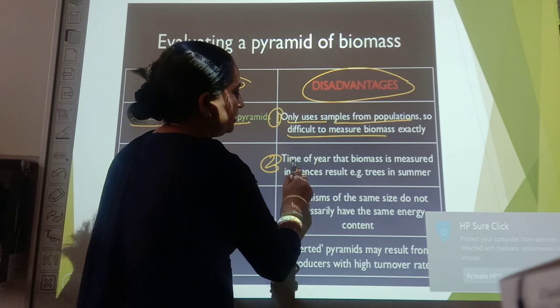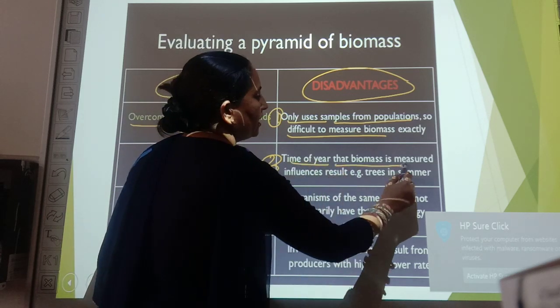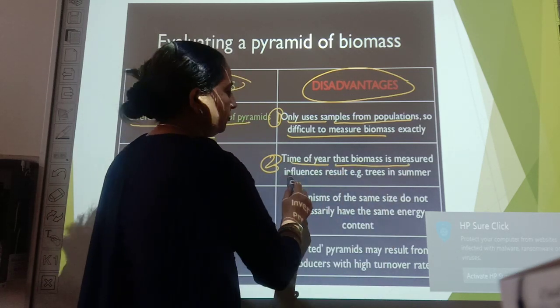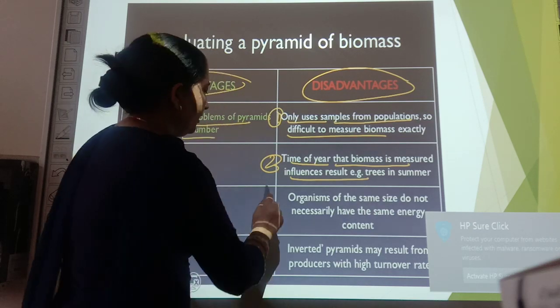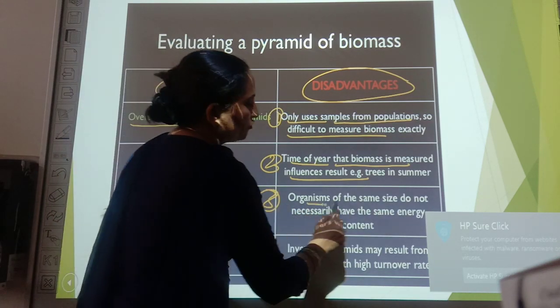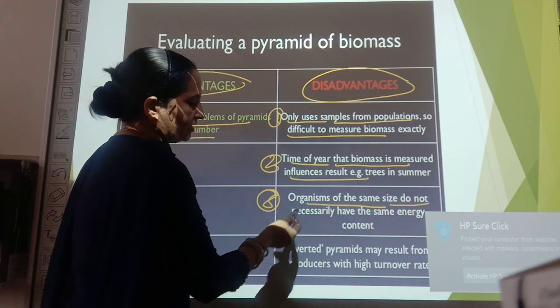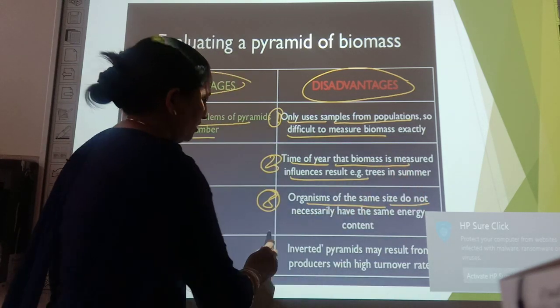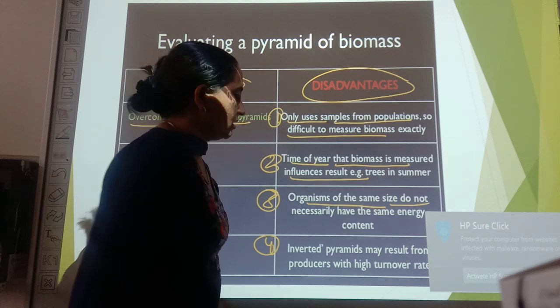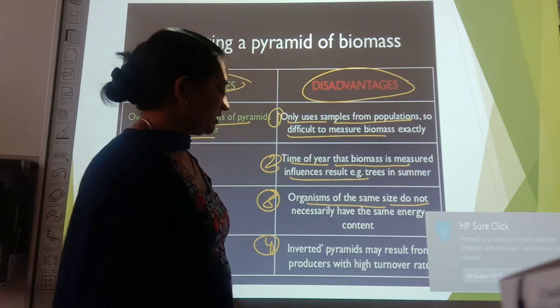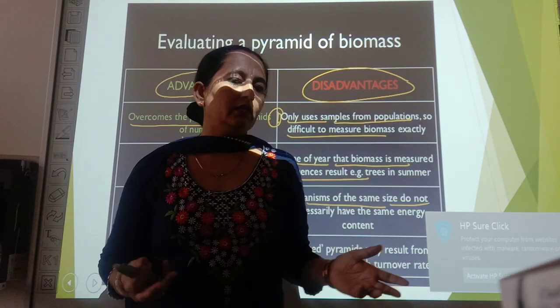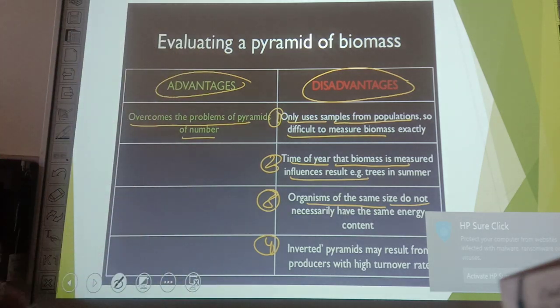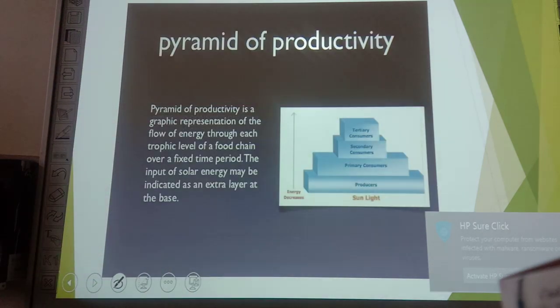The time of the year at which biomass is measured influences the result, and organisms of the same size do not necessarily have the same energy content, and inverted pyramids may result from producers with a high turnover rate. So some disadvantages are also there.